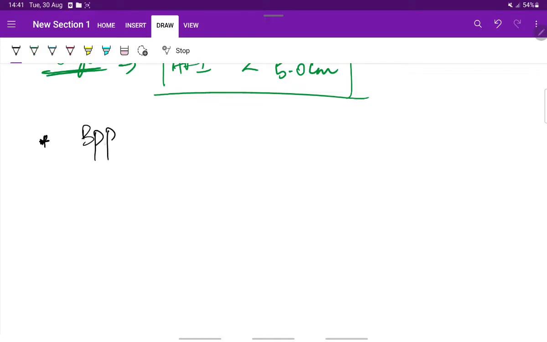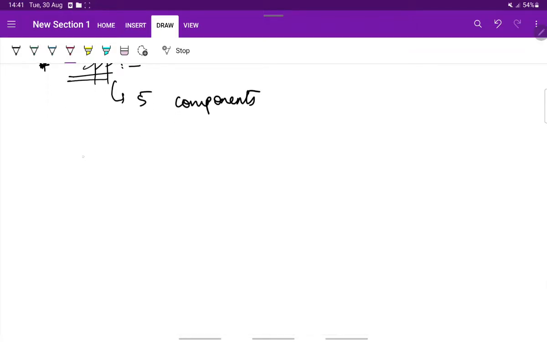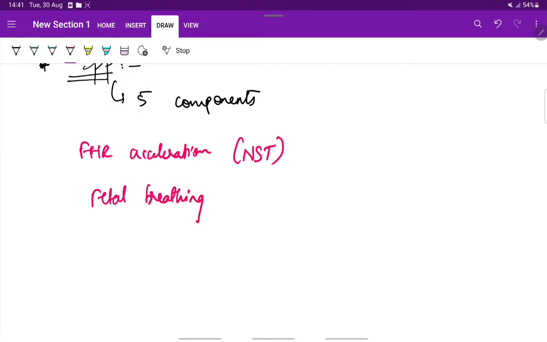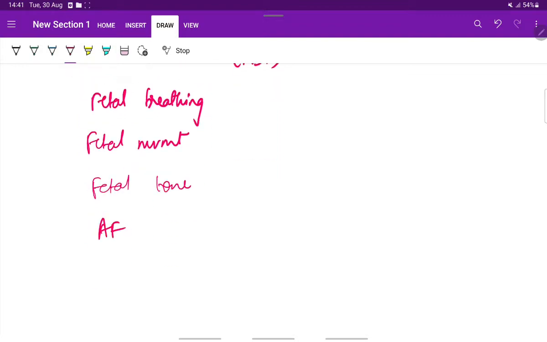Next is the biophysical profile, which has 5 components, and those components are fetal heart rate acceleration seen using non-stress test. Next will be fetal breathing, fetal movement, fetal tone, and amniotic fluid volume.